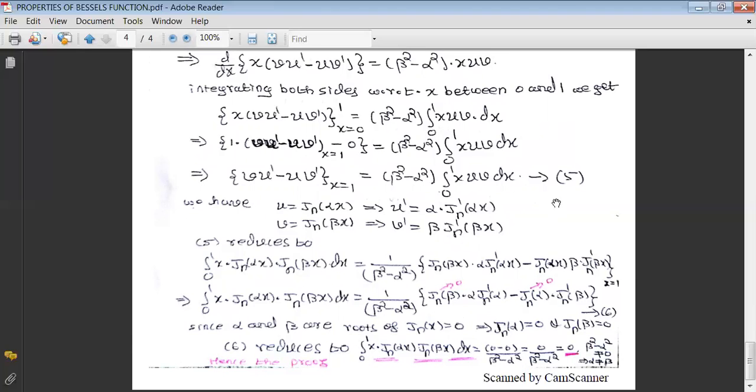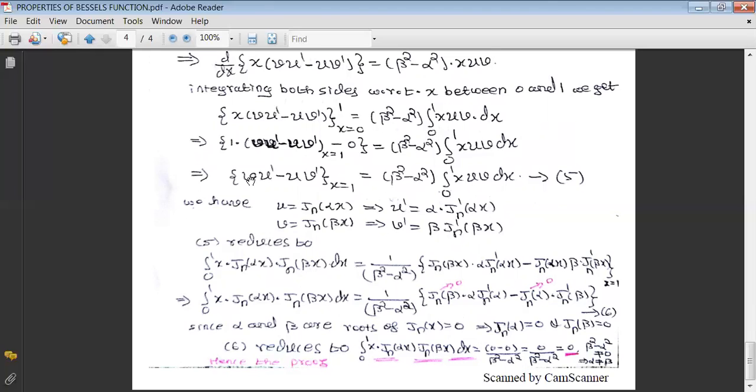Once you take these values in equation 5, first once you cross multiply, this beta square minus alpha square will come to the denominator, and RHS is integration from 0 to 1, x is here. Now u is there, that is Jn of alpha x, and v is there, that is Jn of beta x, into dx.